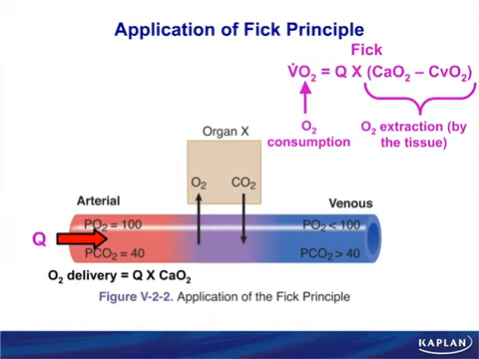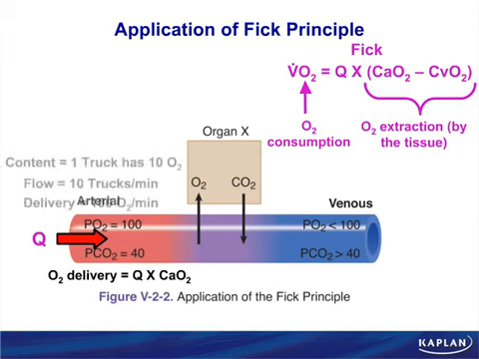All right, to try to really drive this home, let's use a very, very simple example. Let's say that our truck carrying oxygen, well, we know that's our red blood cell with hemoglobin. So that's a truck. It's carrying oxygen. And let's say each truck has 10 oxygens. Now, the flow is volume per unit time.